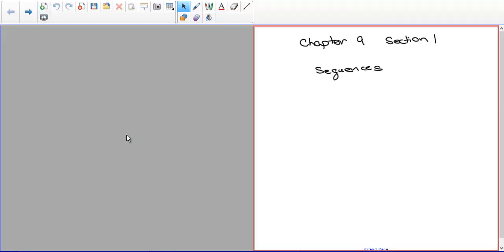Okay, so chapter 9 is very different from what we've looked at. I'm going to give you an idea of where we're going, because if we just start talking about sequences and series, you'll be thinking, what is this leading to? What does this have to do with calculus at all, or advanced math?